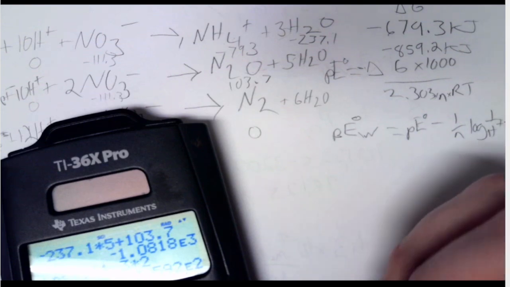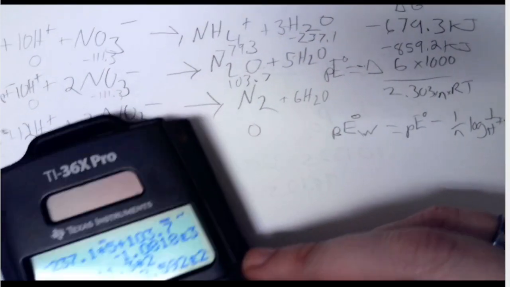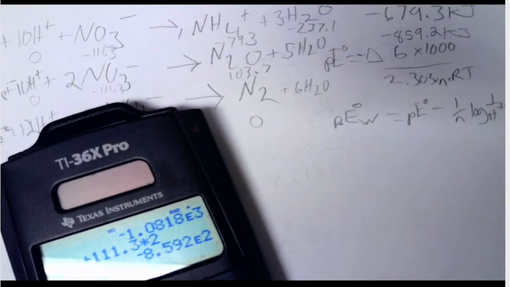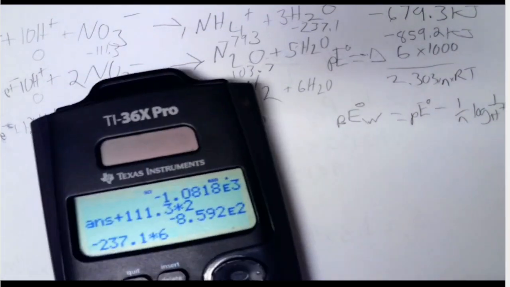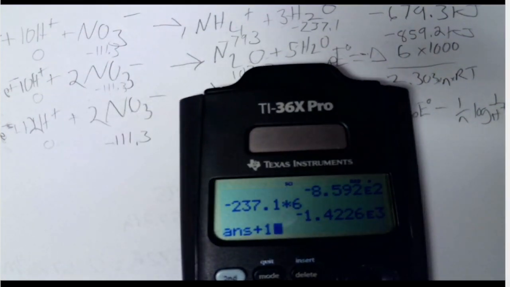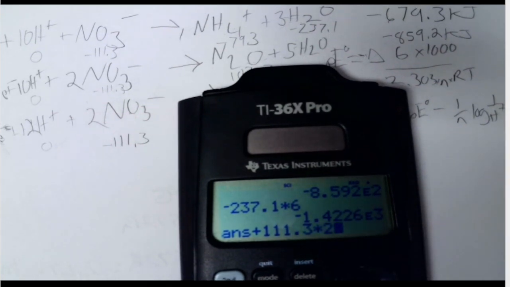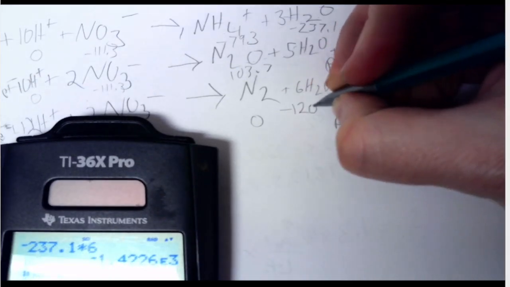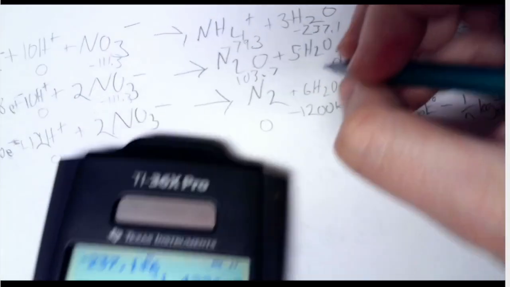It all depends on your source of numbers. And for the third, negative 237.1 times 6 plus 0 minus a negative 111.3 times 2. So that's negative 1200 kilojoules. So I have my delta G's.